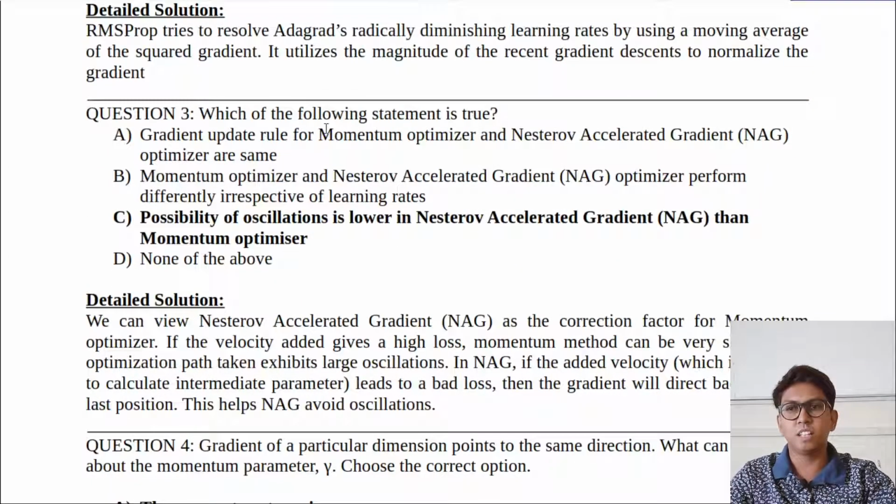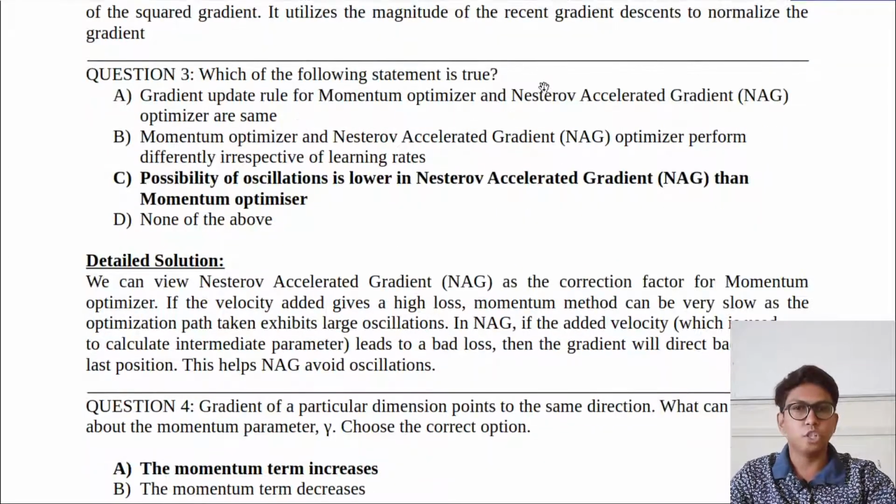Question number 3 is, which of the following statements is true? The first is, gradient update rule of momentum optimizer and NAG are the same.